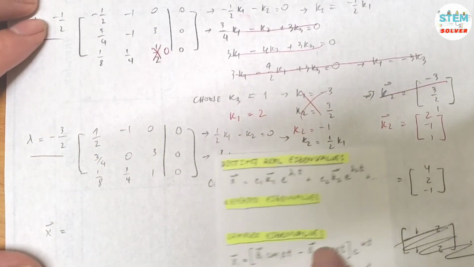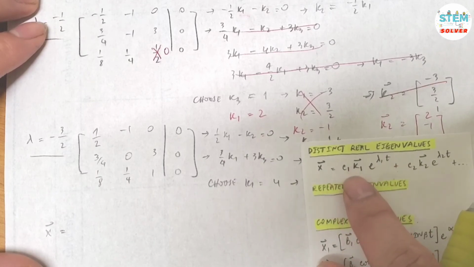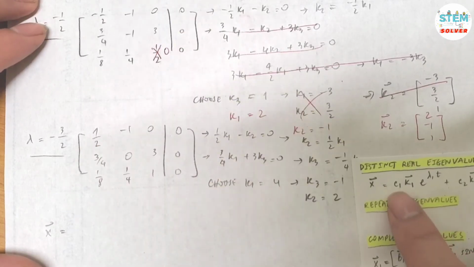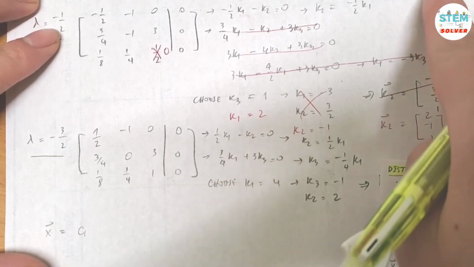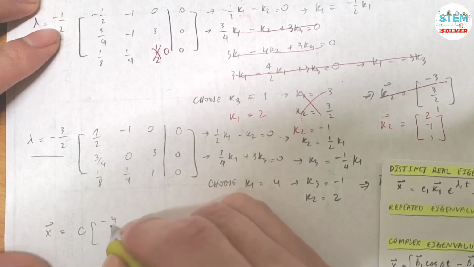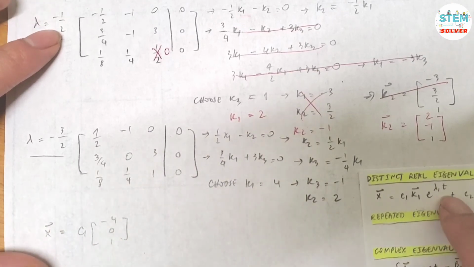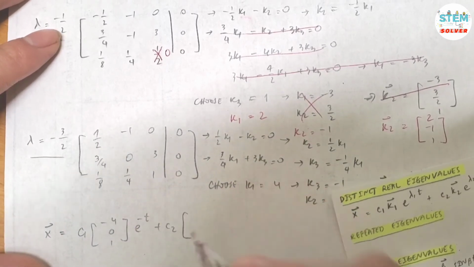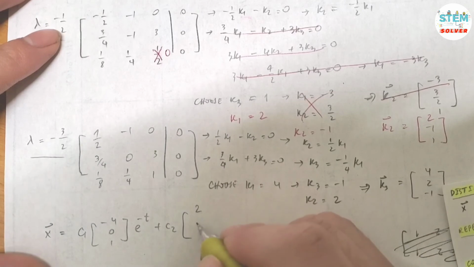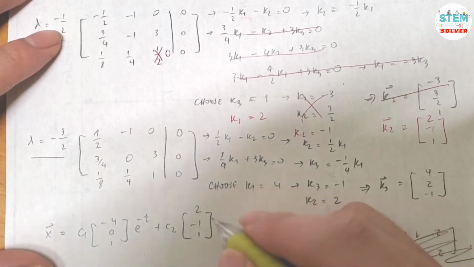Then it comes to the final solution. Since you have 3 distinct eigenvalues for this one, your final solution will be written in this form: vector x equals c1 times k1, which is this one, times e to the lambda 1 t. Lambda 1 is negative 1, so you have e to the negative t, plus c2 times k2, which is this, e to the lambda 2 t.